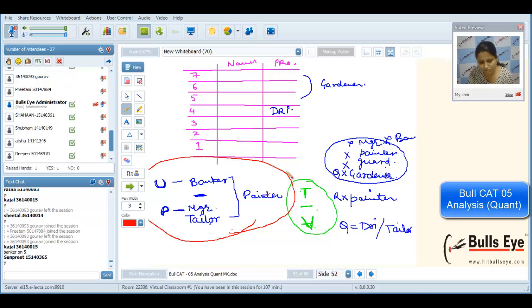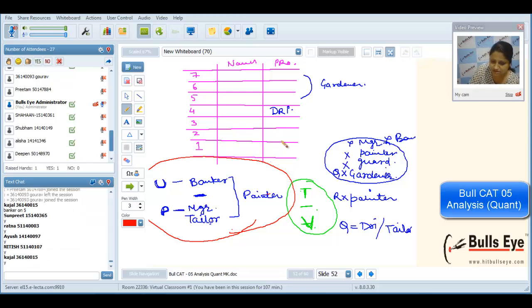I cannot write the whole stuff. Yes. So the only place left for tailor is 2nd. So I am putting tailor on the 2nd floor. Above the tailor here should be manager, space, then here should be banker, and below the tailor there should be a painter.